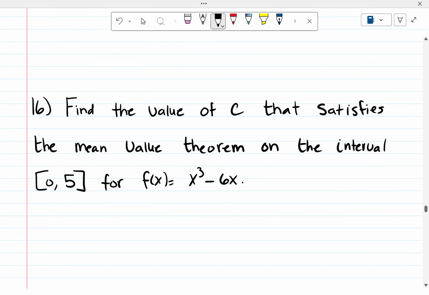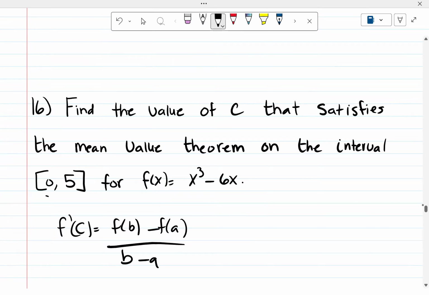So mean value theorem. So it's going to be f prime of c is equal to f of b minus f of a, all over b minus a. Say 0 is for a, 5 is for b.